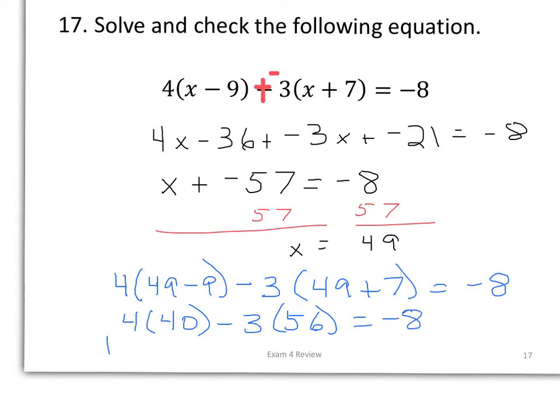So we have 4 times 40 is 160, minus 3 times 56, which is 168, equal to negative 8, and 160 minus 168 does equal negative 8, so it checks out. So our solution is 49.